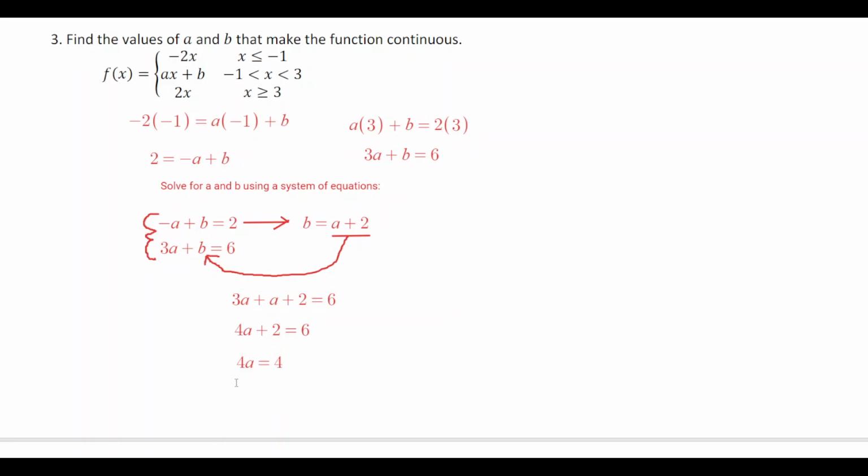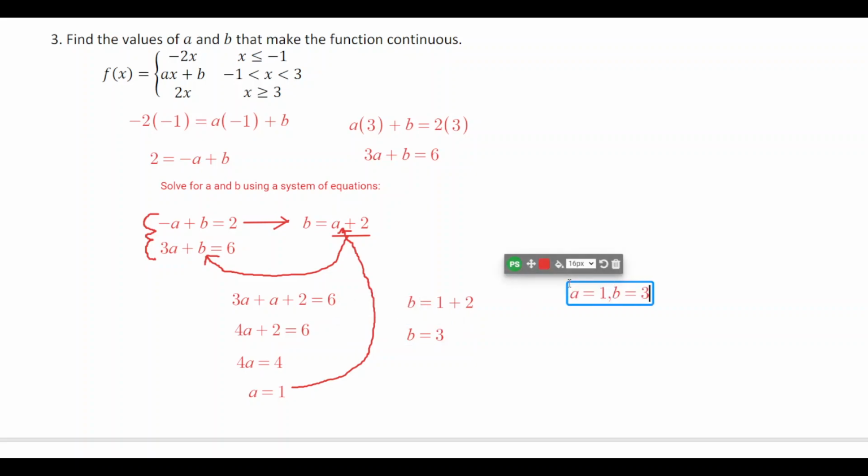So a is going to be 1. We know a is 1, and since b is a plus 2, and a is 1, then that means b is 3. So we get a equals 1 and b equals 3 as our values that would make this piecewise function totally continuous, meaning it's continuous at the first break and the second break if we make a 1 and b 3.